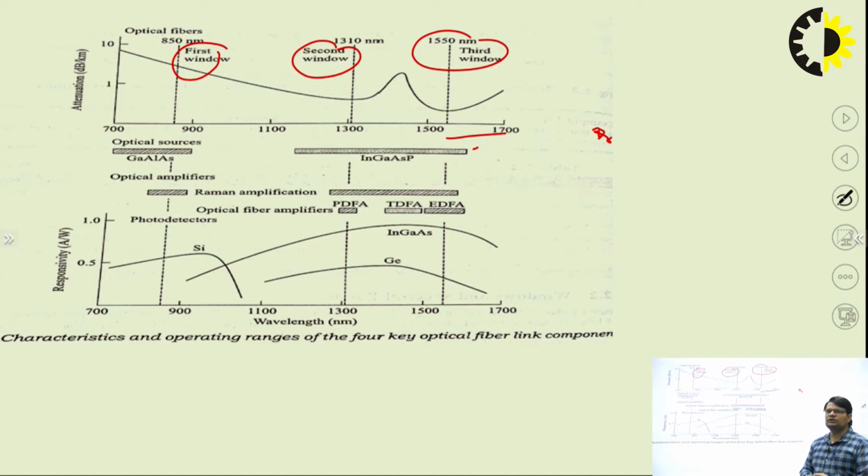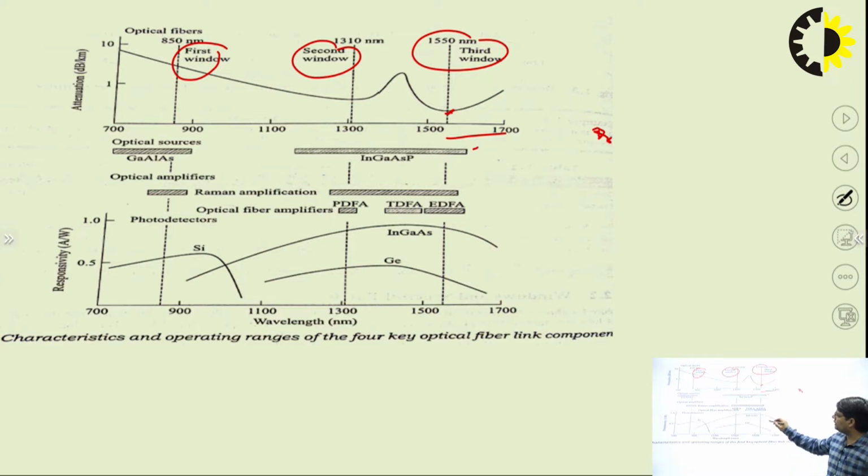All of these windows have specific advantages. We can observe that in window 3 the attenuation is minimum. So for long distance communications where minimum attenuation is required, we can operate in window 3. Otherwise we can operate in window 2 where the dispersion is minimum, and we can also use window 1 for short distance applications.